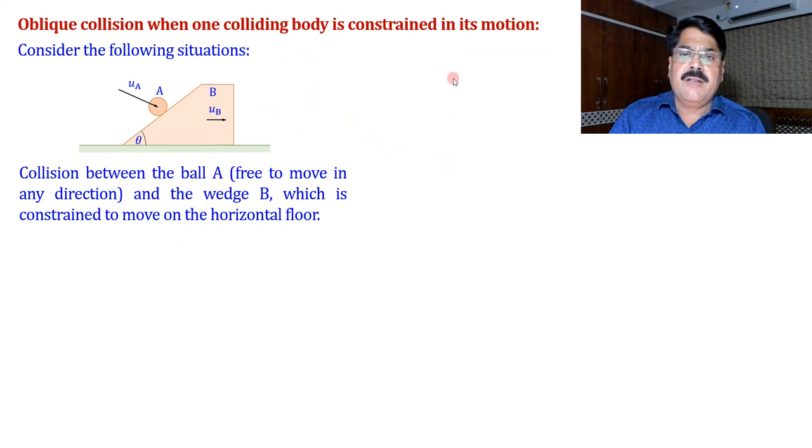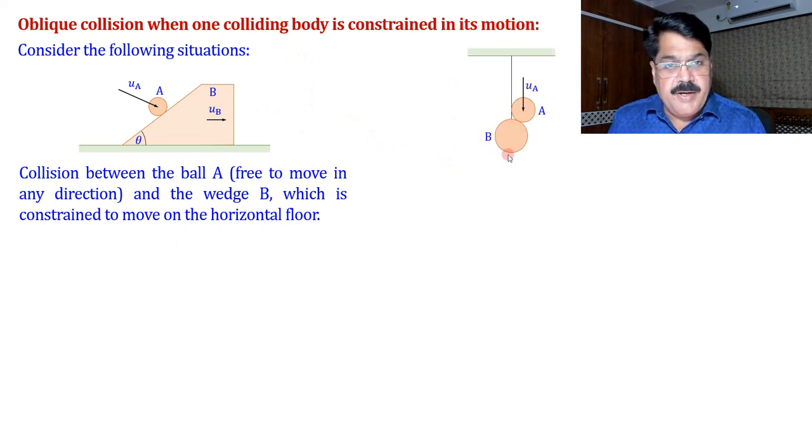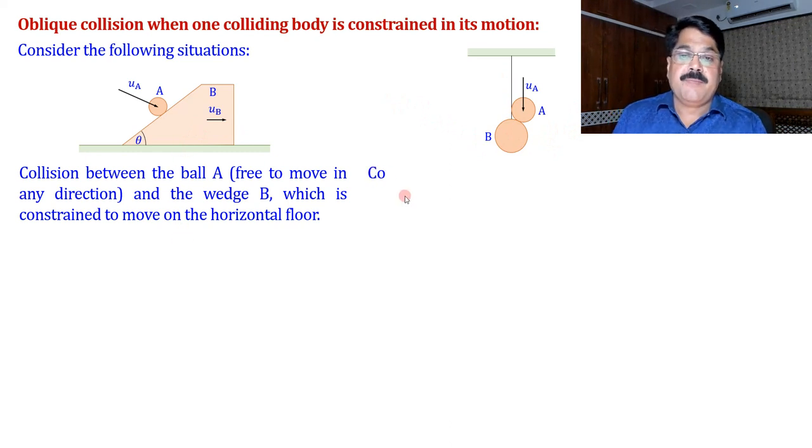We can think of another situation here. This ball B was hanging from the ceiling with a thread, and this ball A falls and strikes here. So ball A has the same situation as in the previous case, but ball B can move only on a circular path. So ball B is constrained because of the external impulsive tension in the thread, and here the wedge was constrained because of the external impulsive normal force from the ground.